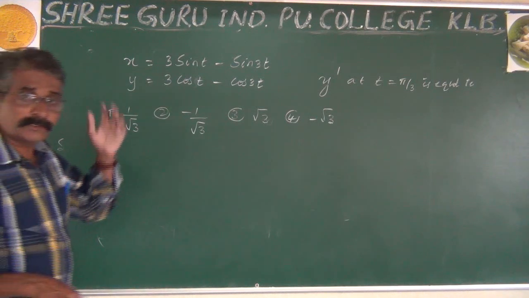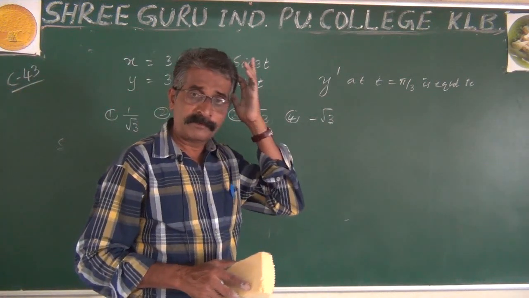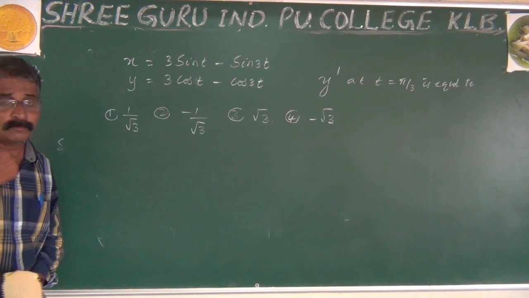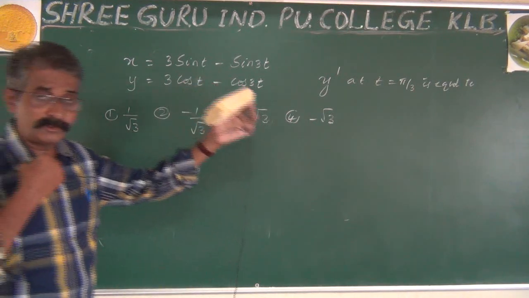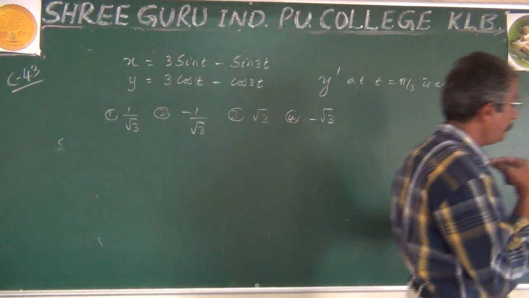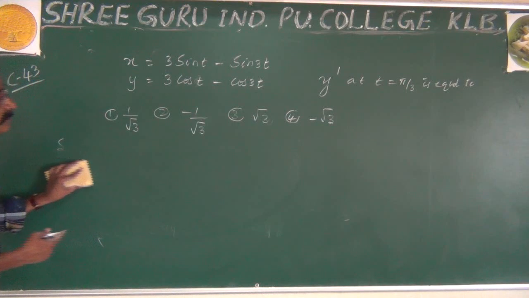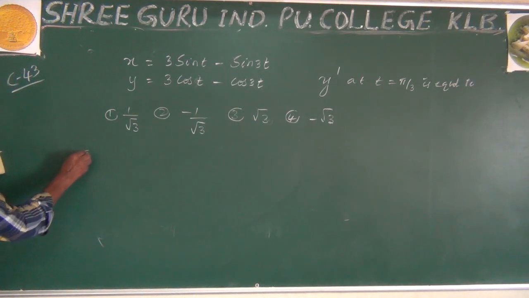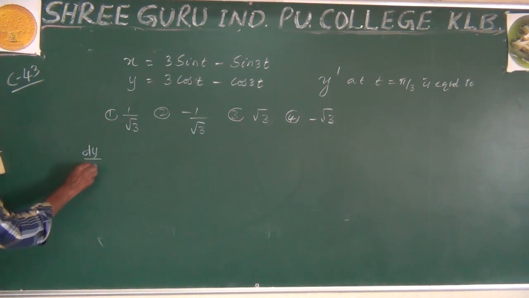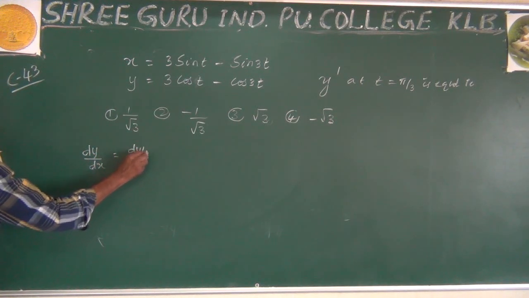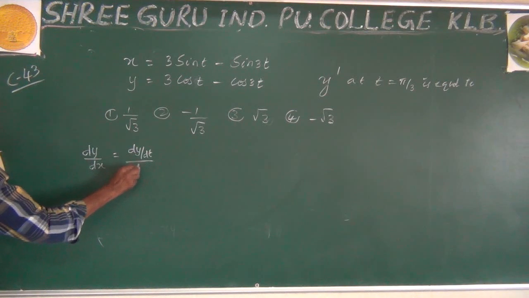The functions we are given are in parametric form. So in parametric form, the dy by dx formula is dy by dt divided by dx by dt. So let's use parametric function differentiation. Now dy by dx is defined by dy by dt divided by dx by dt.